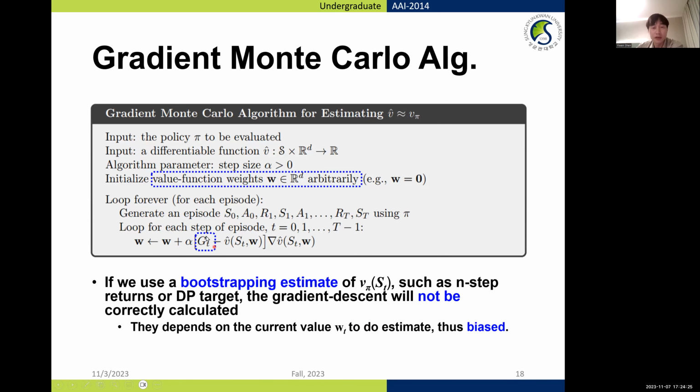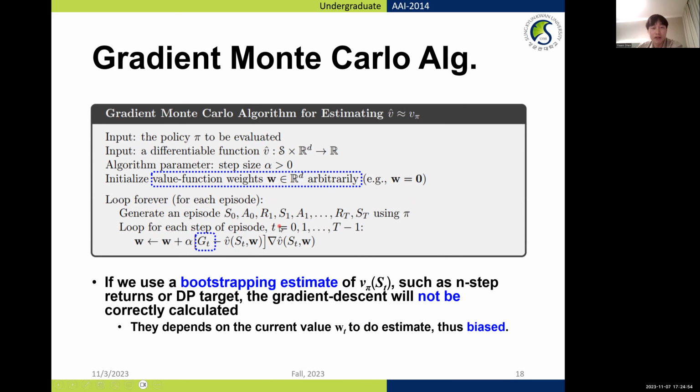I will not go into detail. The overall process is similar; we add a gradient, which means this process is based on parameterized value function updates. We initialize the value function weights W arbitrarily, like 0. Similar to the Monte Carlo process, we loop for each episode and generate the sequence.